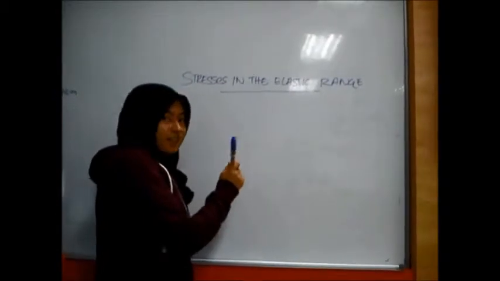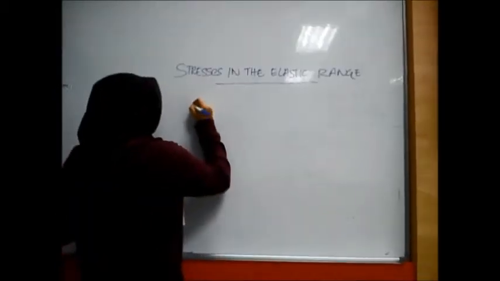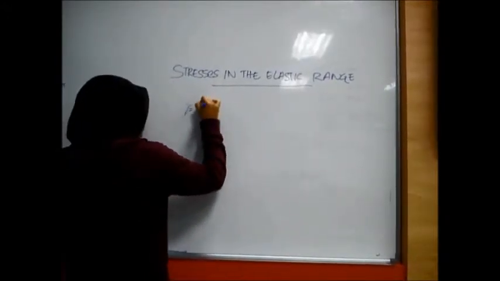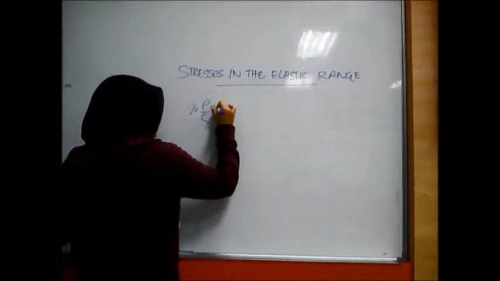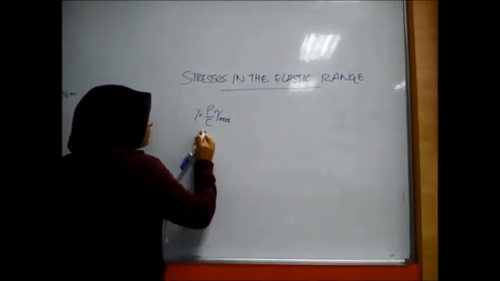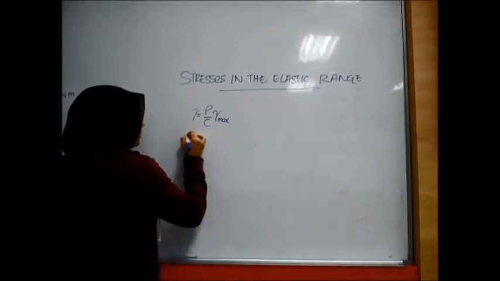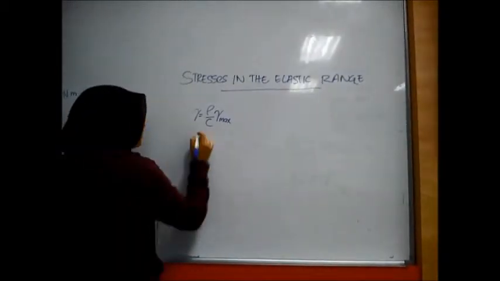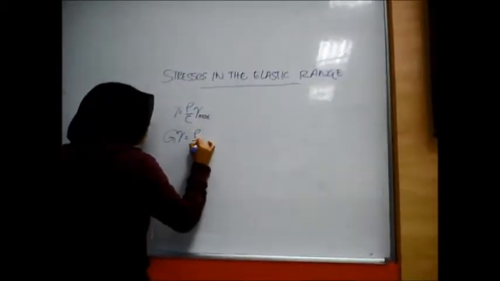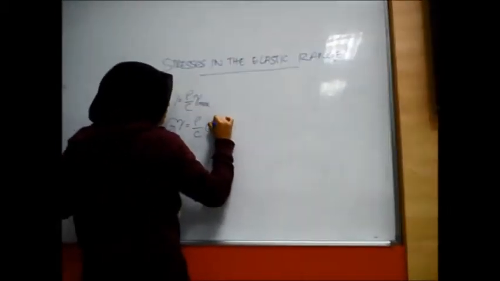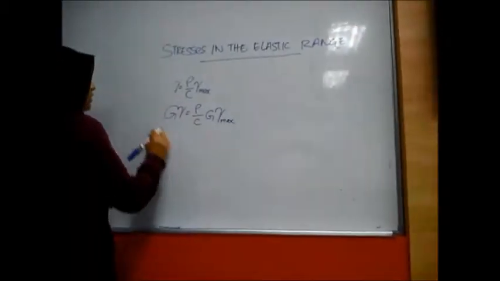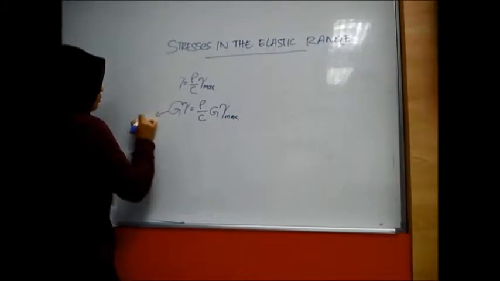In the elastic range, we know that gamma is equal to rho over C gamma max, and then we multiply both sides by G, which is the shear modulus. So G gamma equals rho over C times G gamma max. This G is the shear modulus.